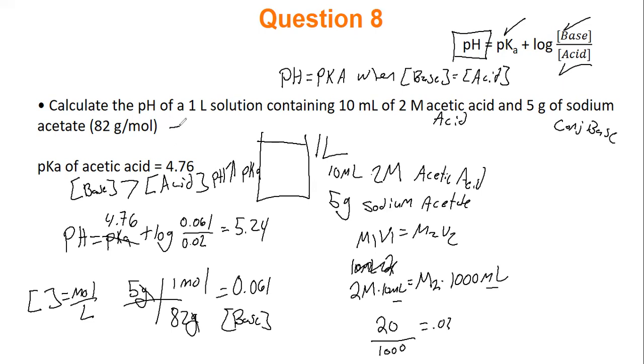If it's the other situation where my acid is greater than my base, I would expect my pH to be lower than my pKa. So that is just one of those checks you can do when doing problems like this. If you calculated this and your pH wasn't greater than your pKa, then you probably did something wrong. So that's a way you can check yourself.